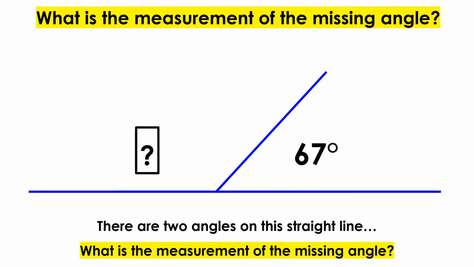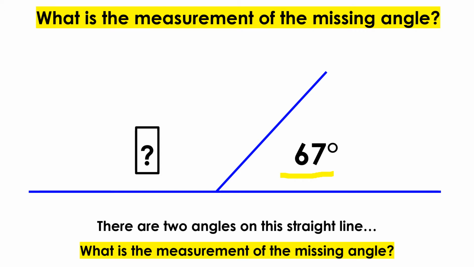For this first example, we have a straight line and there are two angles on this straight line. You have been given one angle, which is 67 degrees, and that's an acute angle. Then you need to find the measurement of the missing angle. On a straight line, like we mentioned before, there are 180 degrees.